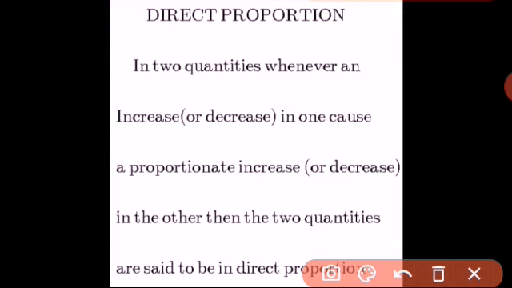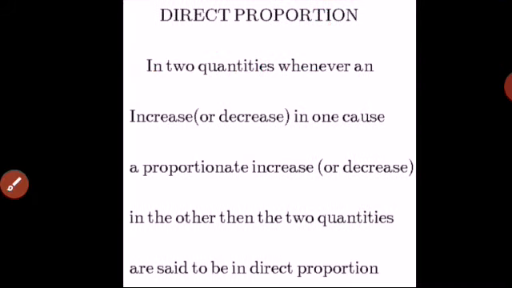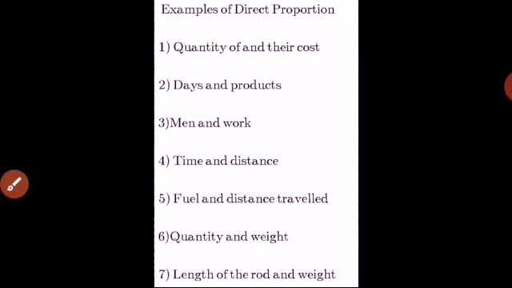Once again, 5:8 equal to 60:96. This is direct proportion. As the number of pens increases, the amount also increases. This type of proportion is called direct proportion.